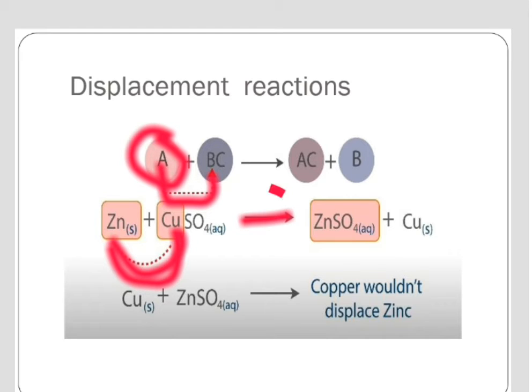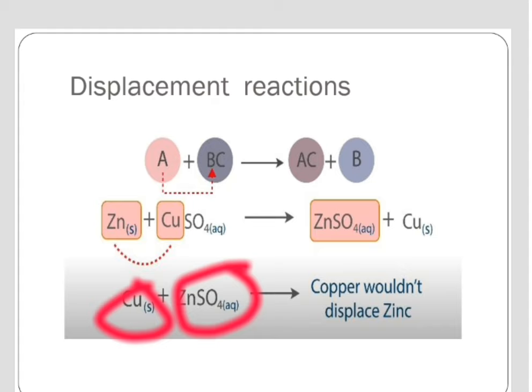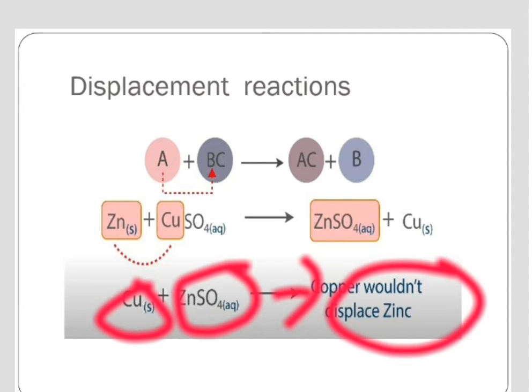Okay, zinc plus copper sulfate gives zinc sulfate plus copper. But copper plus zinc sulfate does not react, because copper wouldn't replace zinc.